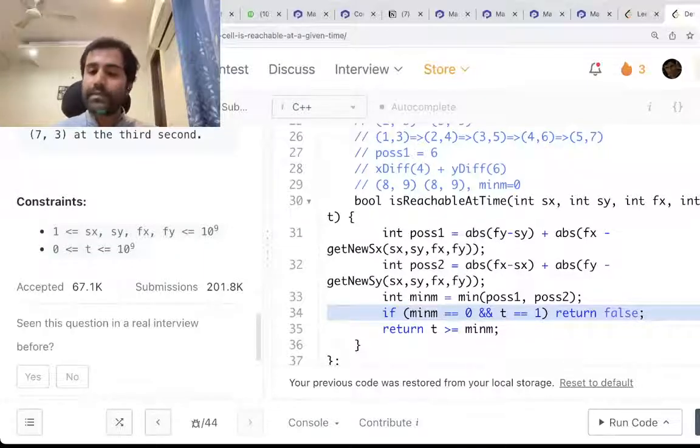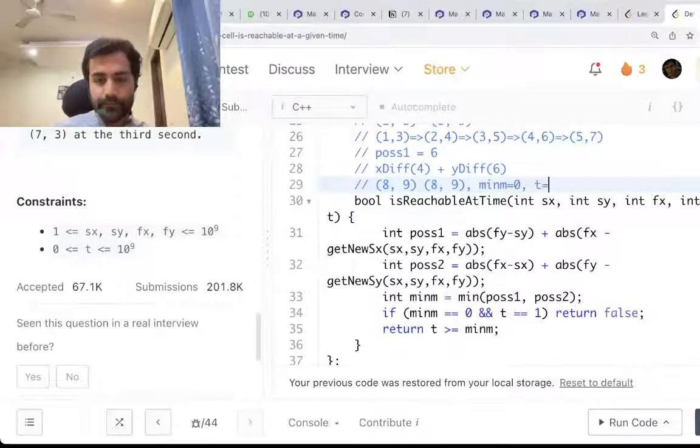Apart from this, there was nothing special about this problem, because even if both values are the same and the value of t is something else, let's say the value of t is 0, would you want to return true? Yes. If the value of t is 2, would you want to return true? Yes, because I can always go up and come down. Also, if it is 4, 6 or any other even number, it will work. Even if it is an odd number, there are no issues.